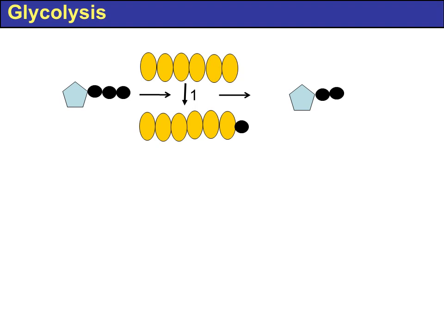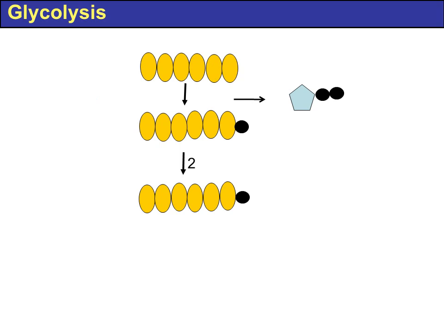ATP comes in, donates a phosphate group to carbon 6, and ATP turns into ADP. The next step, glucose 6-phosphate, is converted into fructose 6-phosphate. The next step is going to require an additional ATP.